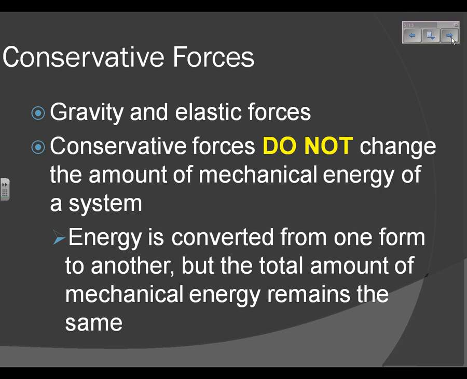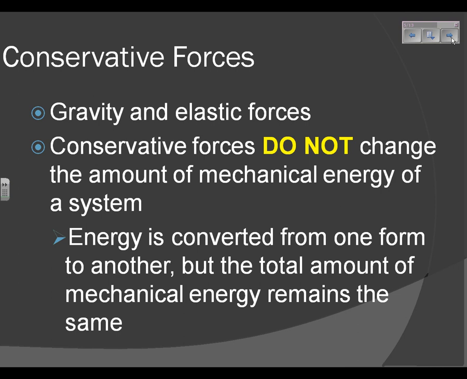All they do is convert one form of mechanical energy into something else. So gravity and elastic forces are conservative forces, and what makes them special is that they do not change the amount of mechanical energy in a system.